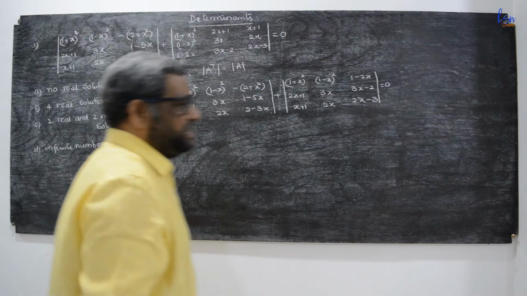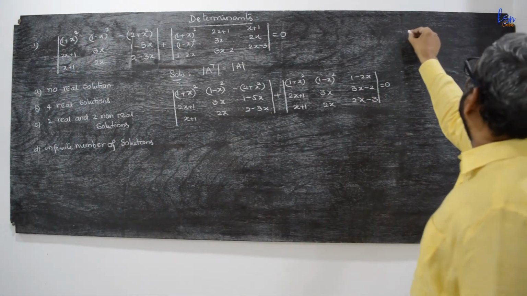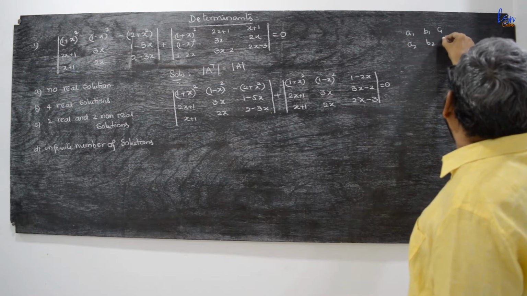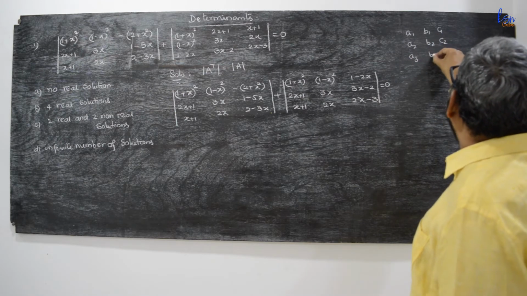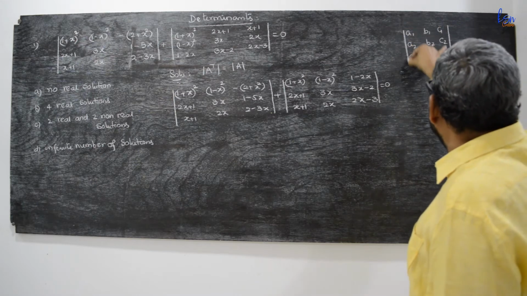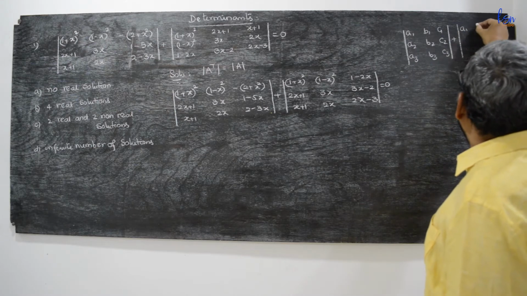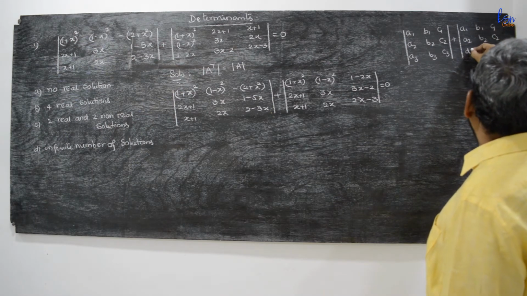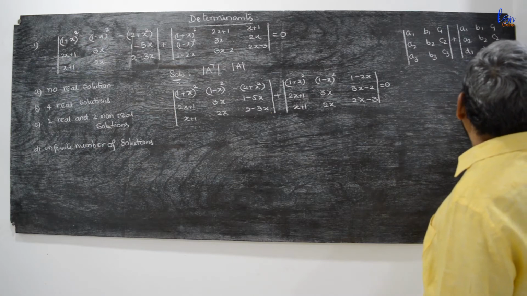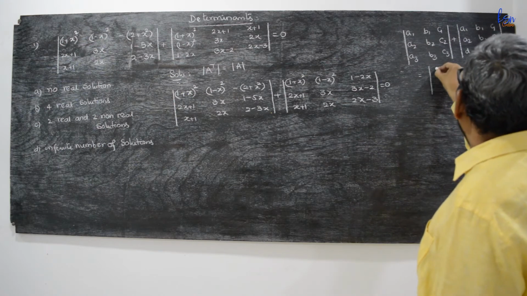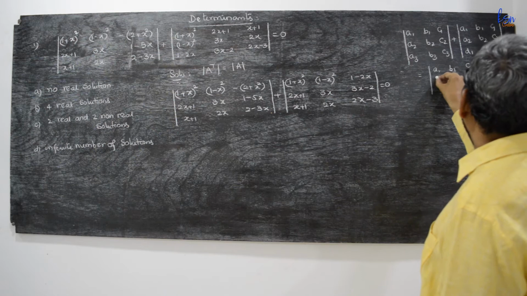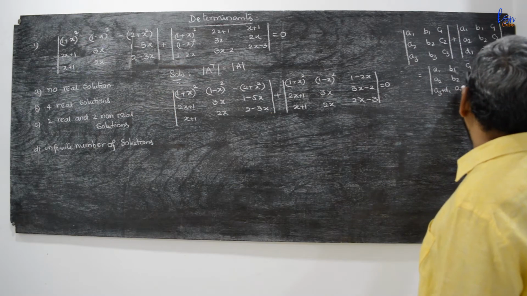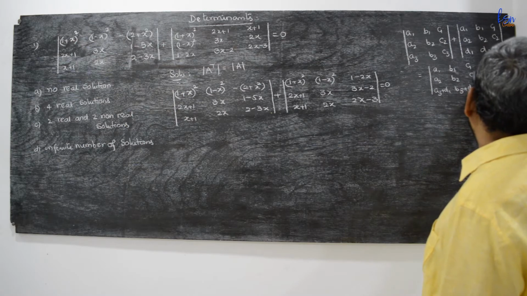Now we have to add these two determinants. While adding the two determinants, for example, a1, b1, c1, a2, b2, c2, a3, b3, c3 plus a1, b1, c1, a2, b2, c2, d1, d2, d3 is equal to a1, b1, c1, a2, b2, c2, a3 plus d1, b3 plus d2, c3 plus d3.